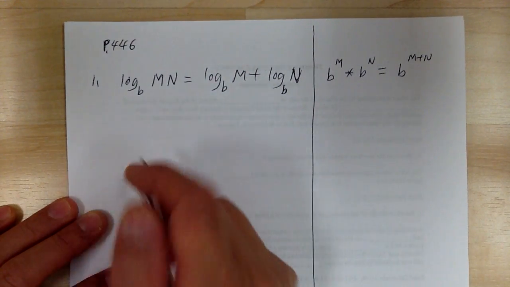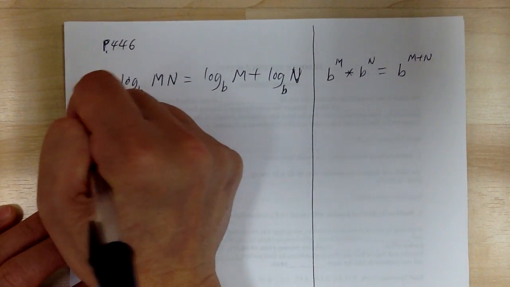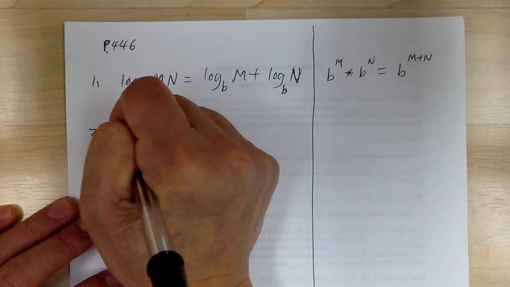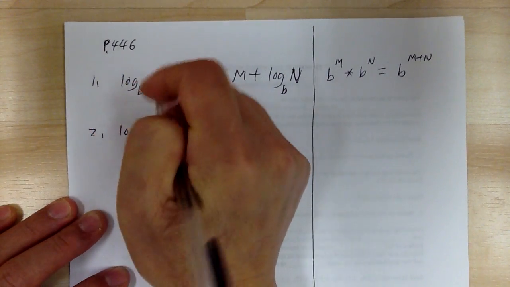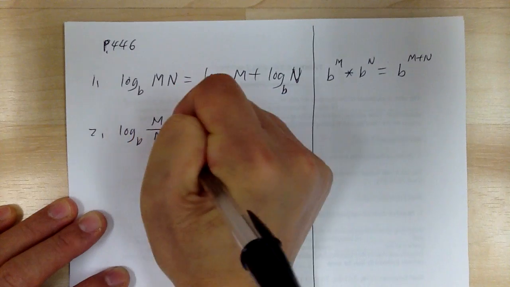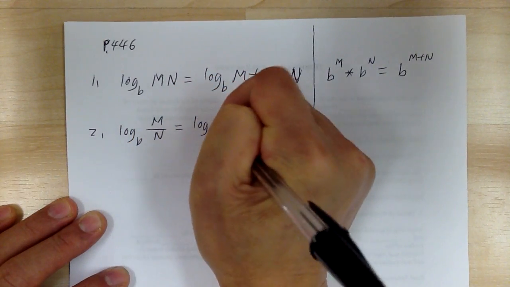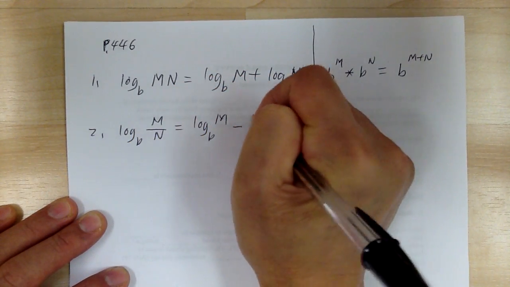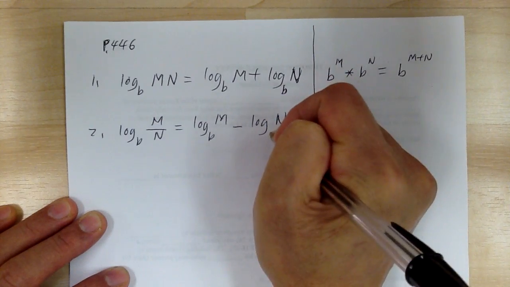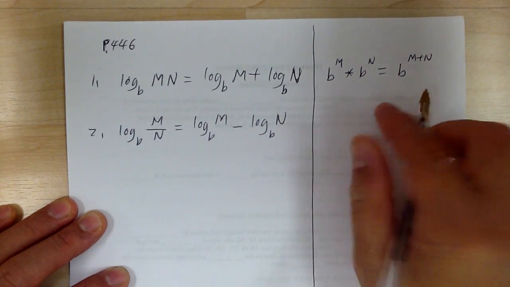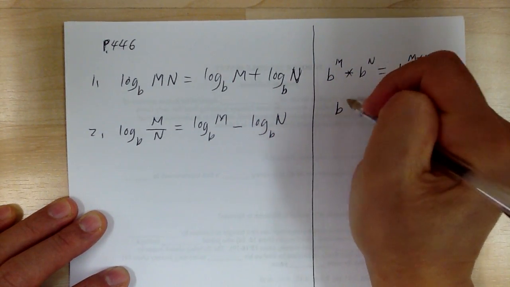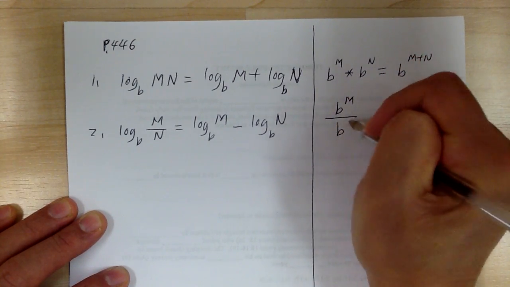Again, inverse function. Now the same thing, number 2: when you have log base b of m divided by n, this would be equal to log m base b minus log n base b. Again, this is the same thing as b to the m divided by b to the n.